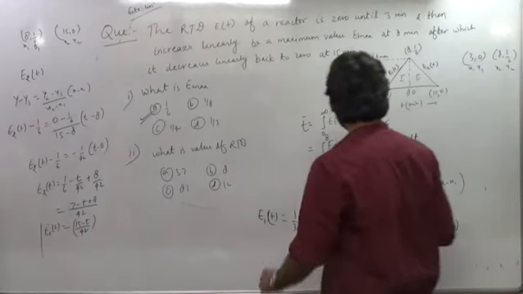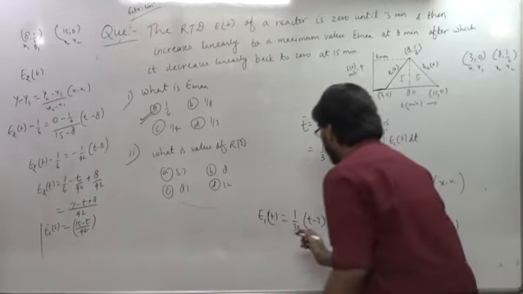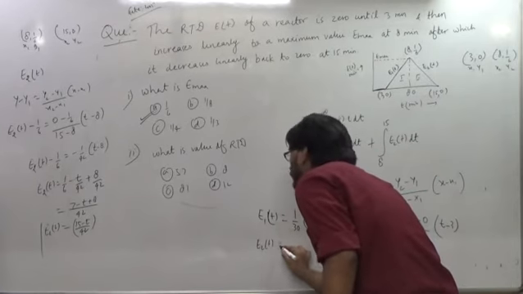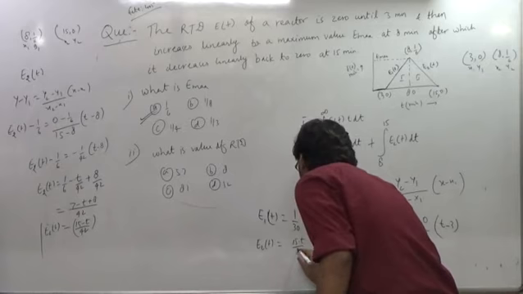Now we'll put these two values. This is e1(t) here and e2(t) here. e2(t) is equal to (15 minus t) divided by 42.